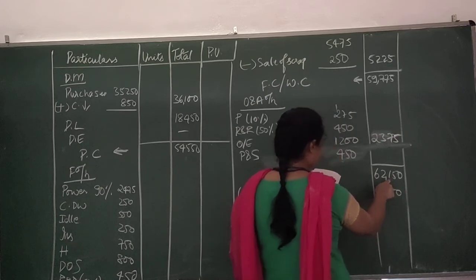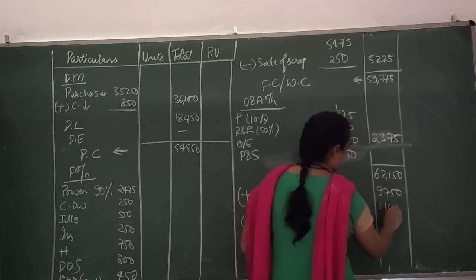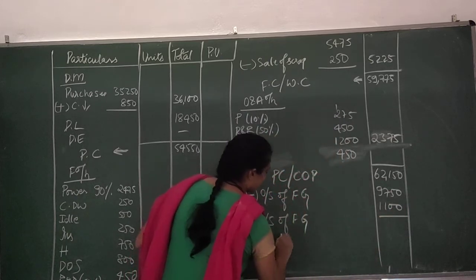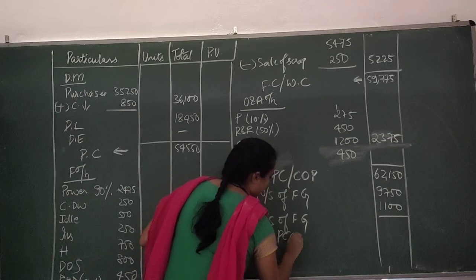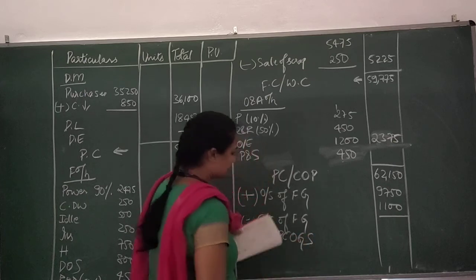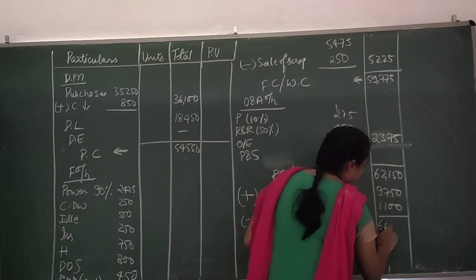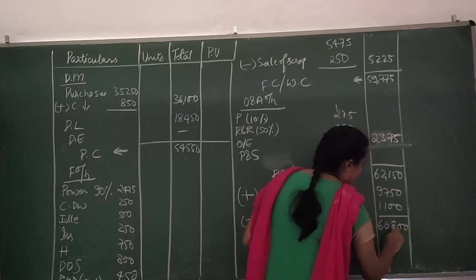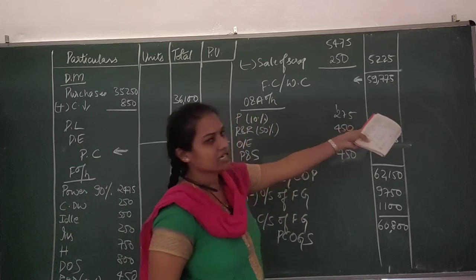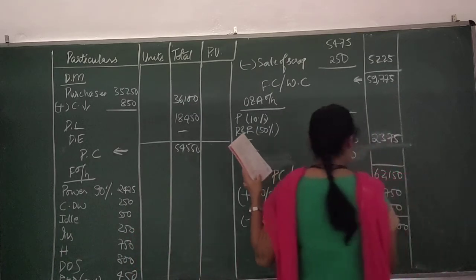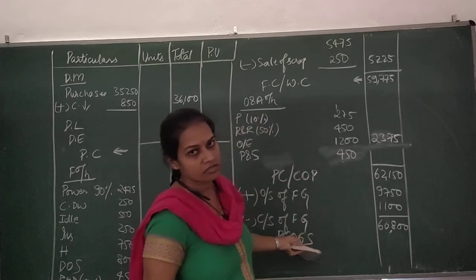You will add it to this and you will deduct 1,100 as your closing stock. The total what you get is the production cost of goods sold. So what is the amount you will get? It is 60,800. After that total, what is this called as? Production cost of goods sold.